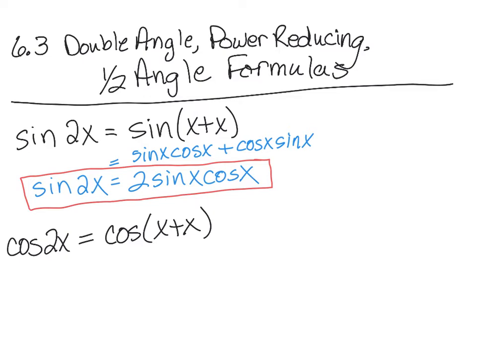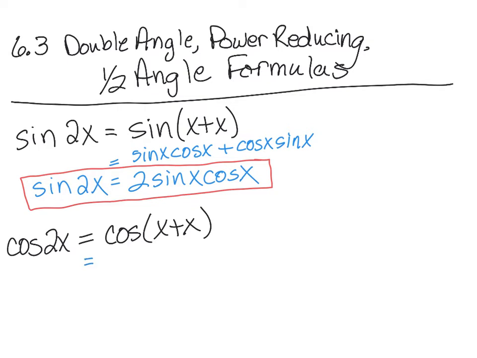Okay, cosine of 2x is the cosine of x plus x. Now the cosine of the double angle is way, way, way important because you get a whole bunch of other identities just from the different forms of the cosine of the double angle. So let's derive this thing.